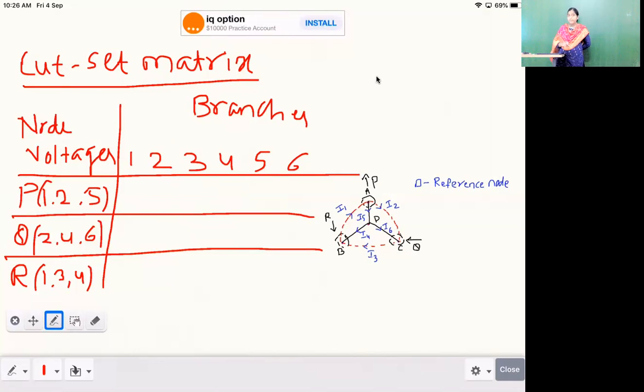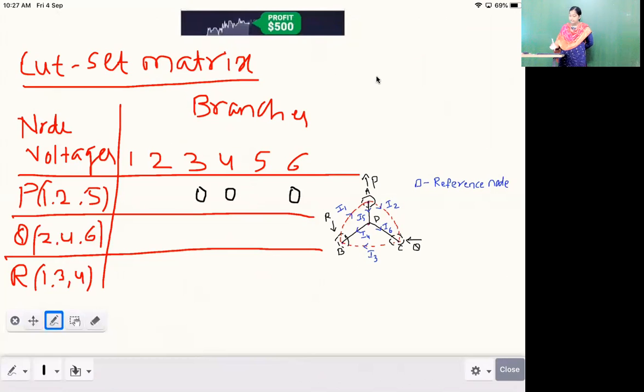Now what you have to do is fill the rows here. In order to fill the rows, let us consider the first row. The branches associated with the first node are 1, 2, 5. That means the remaining branches are not associated, so we simply put 0. So 1, 2 and 5 are there. 3 is not there, so I am writing 0. 4 is not there, I am writing 0. 6 is not there, I am writing 0.